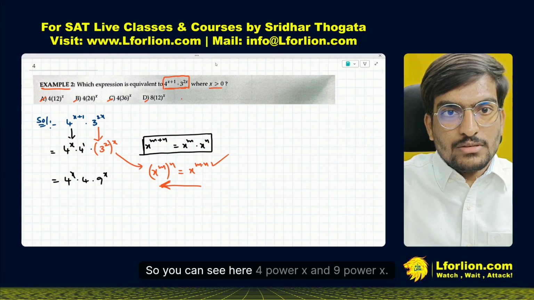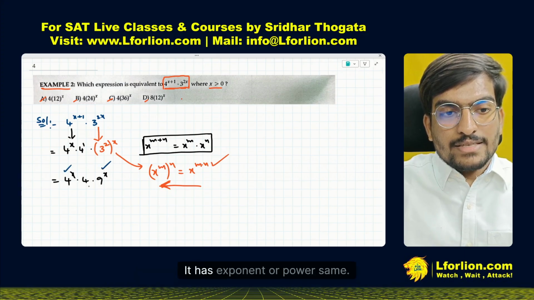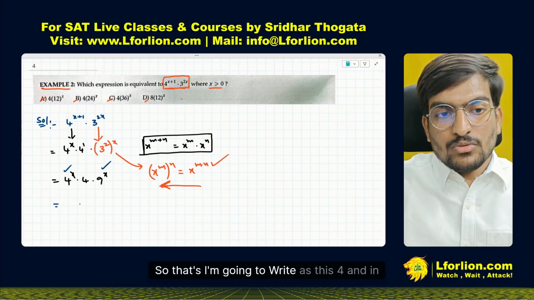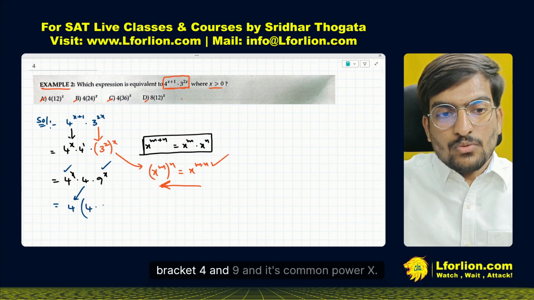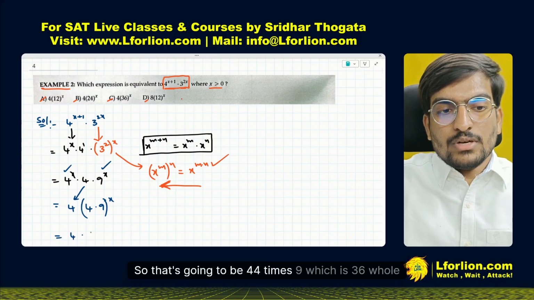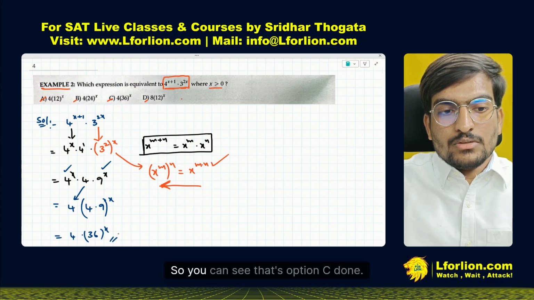So you can see here 4 power x and 9 power x have the same exponent. So I'm going to write 4 and 9 in brackets, and its common power x. So that's going to be 4 times 9, which is 36, whole power x. So you can see that's option C.